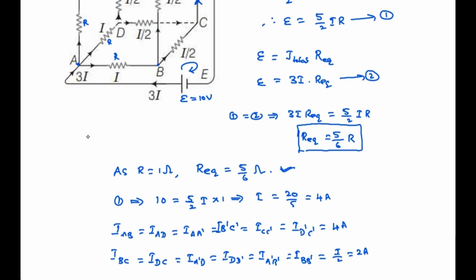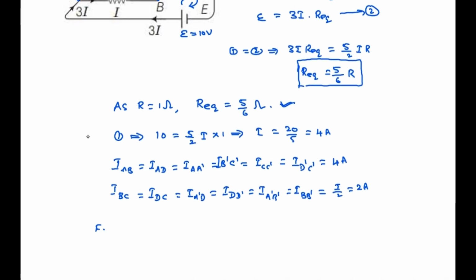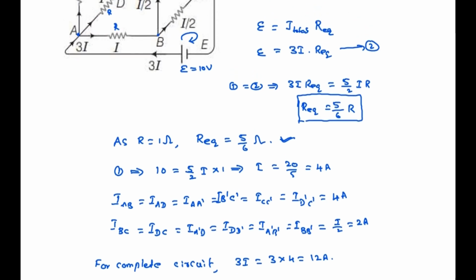If anything is missed, please check. And for the complete circuit, the current coming from the cell is 3I, that is 3 into 4, which is 12 ampere. So this is the answer for the illustration based on Kirchhoff's rules.